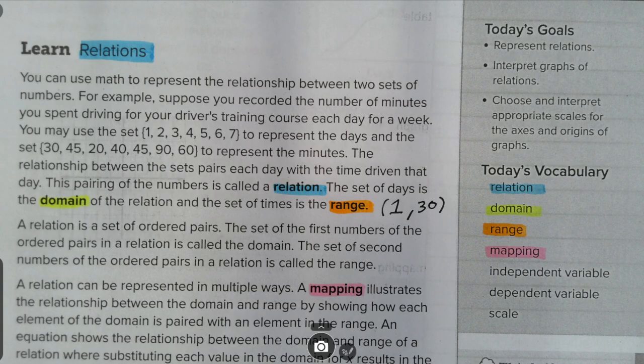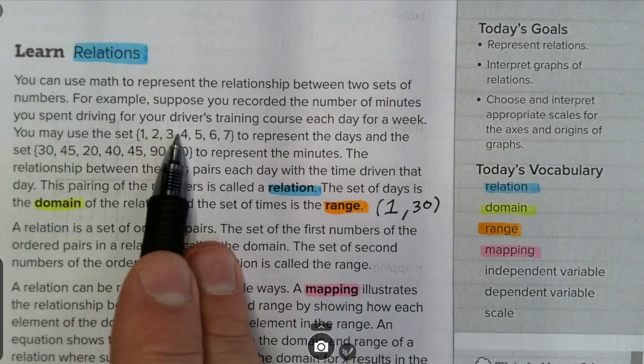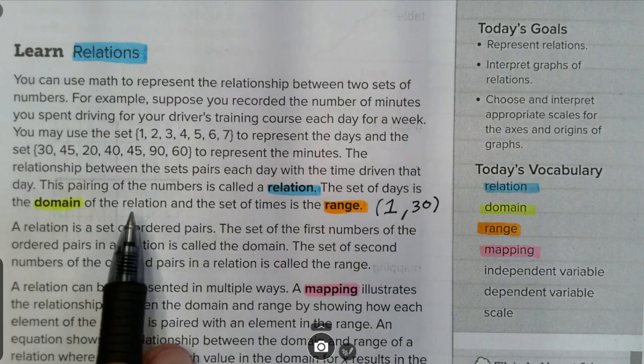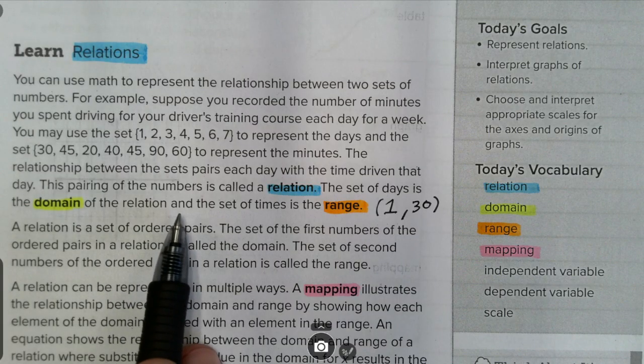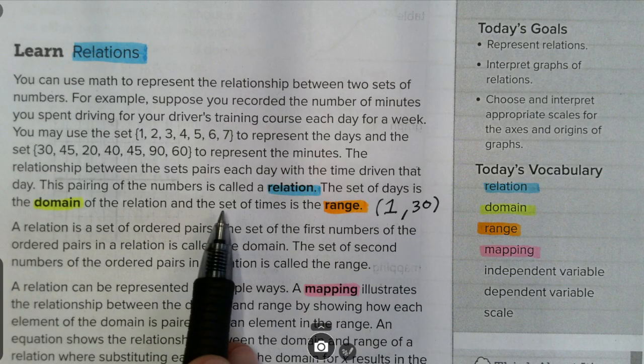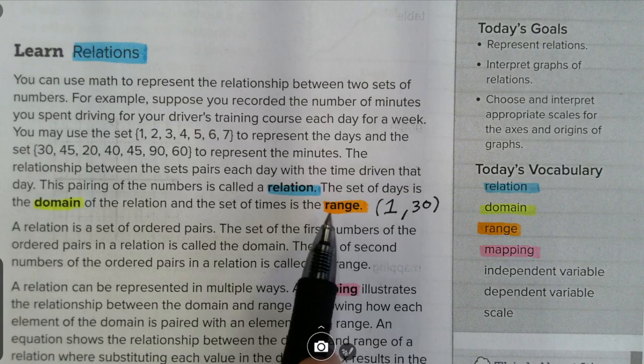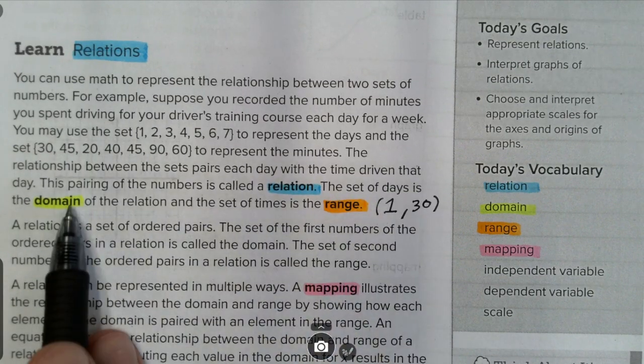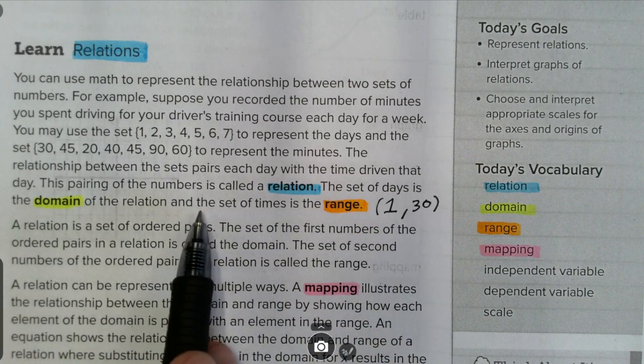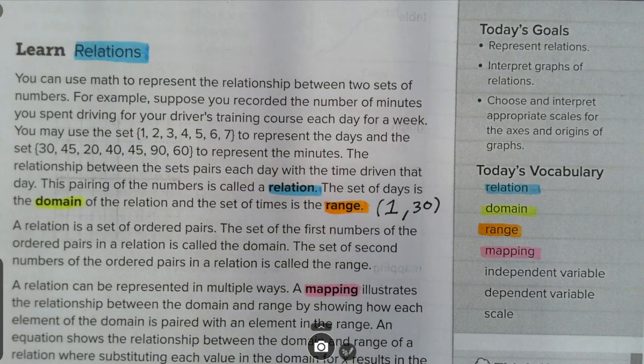The set of days is the domain of the relation, and the set of times is the range.